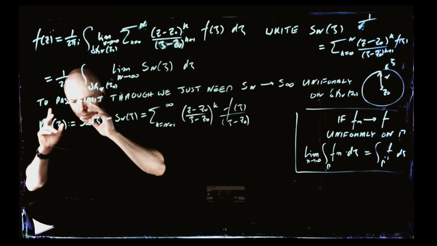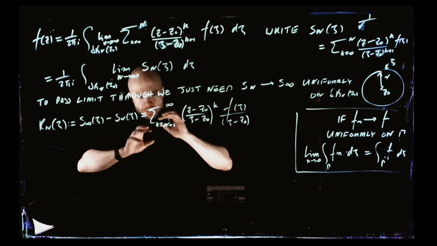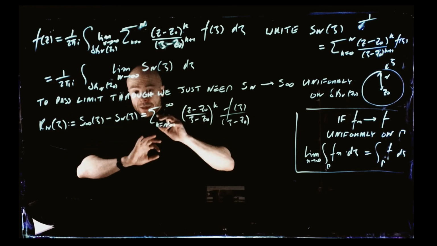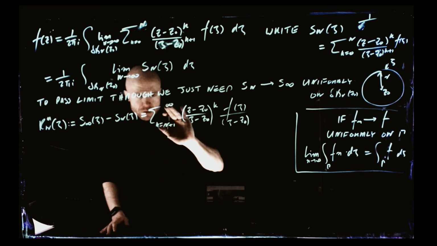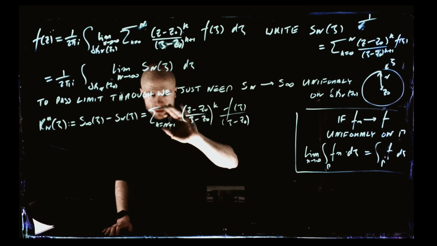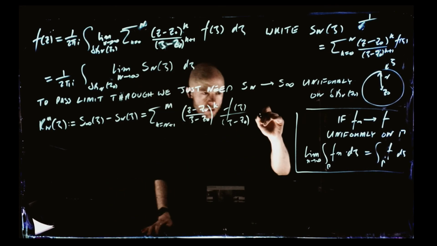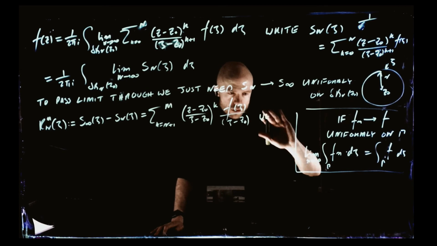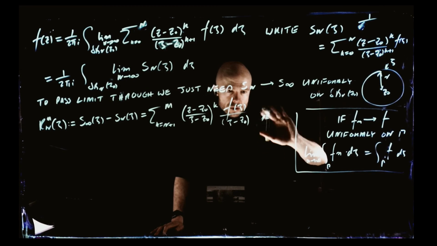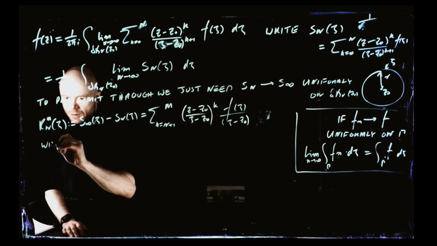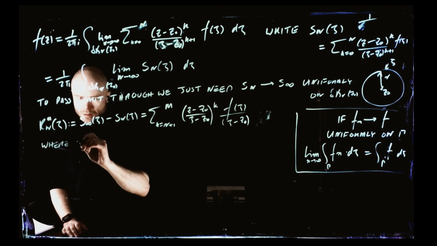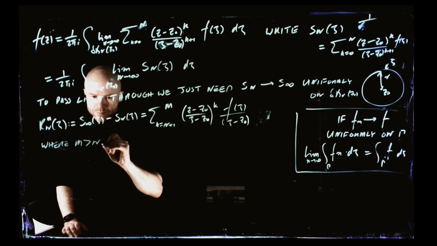Let's be very, very careful, because this itself is defined as an infinite sum. So let's define this with n, and let's put an M. Take the finite sum like this, where M is bigger than n.